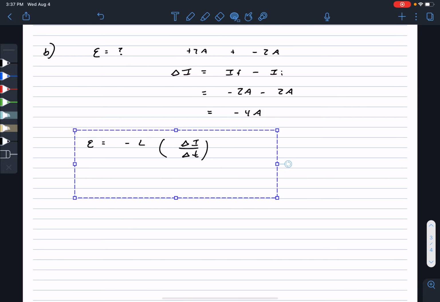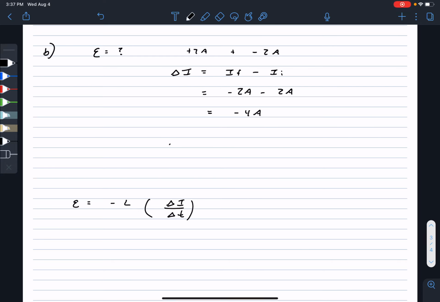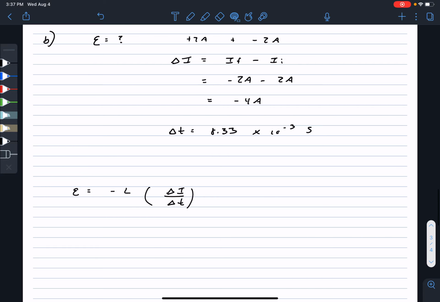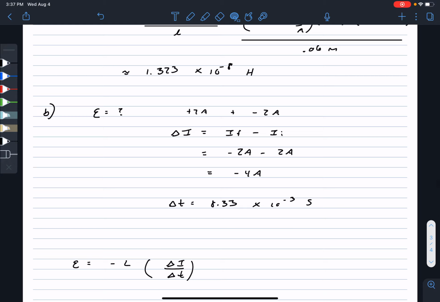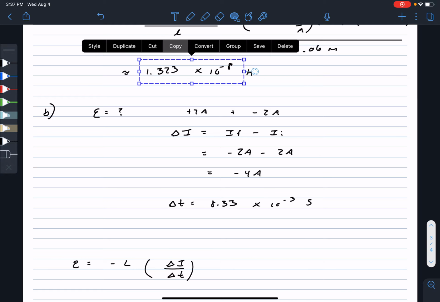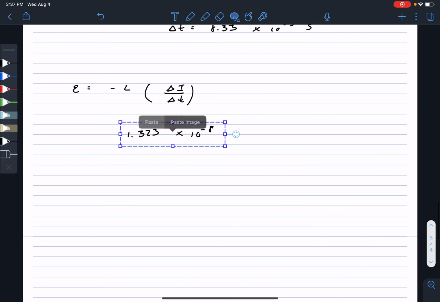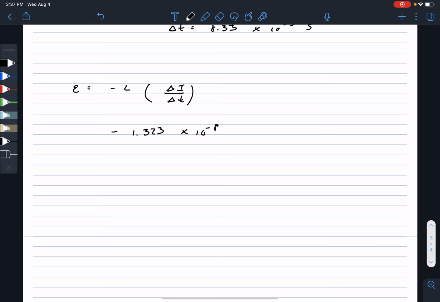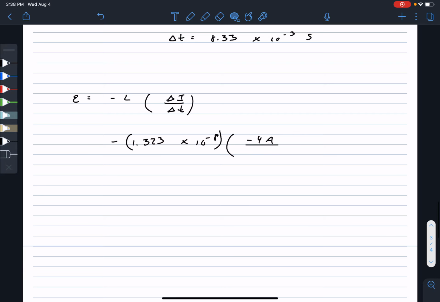So let's write that down. So delta T was 8.33 times 10 to the negative 3 seconds. So super fast. And we also have a value for inductance. So let's take this. So negative value of this times negative 4 amps over our time.